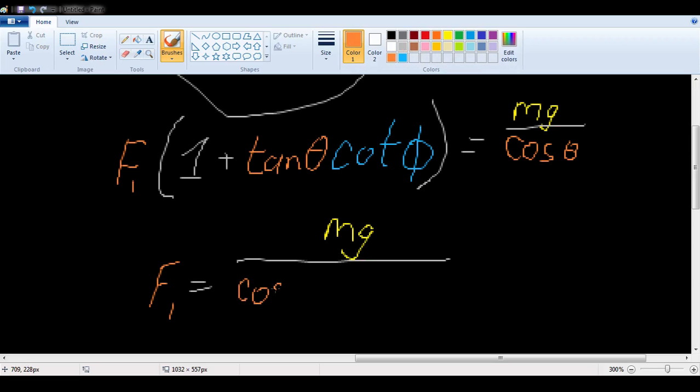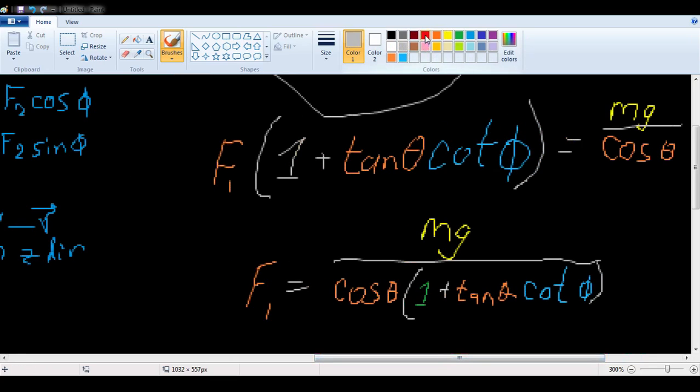So we're going to get cosine theta over, I'm going to write my constants in a different color here, 1, because it doesn't look that great when they're the same color as the operator. So 1 plus tangent theta, cotangent phi, and that is going to be your answer.